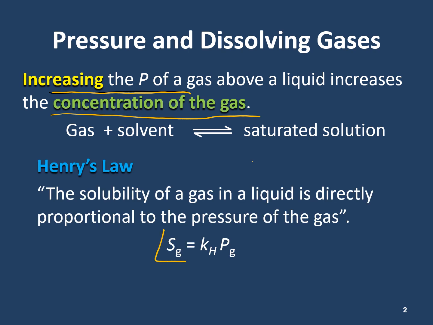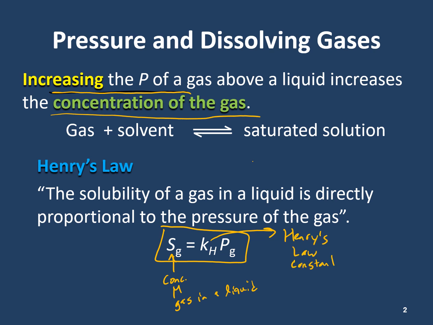Now, we have an equation for that, which is called Henry's law. Henry's law gives you the concentration in molarity of your gas in a liquid if you know Henry's law constant and the partial pressure of the gas.